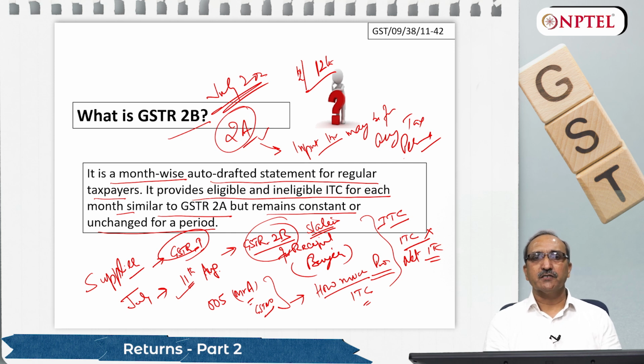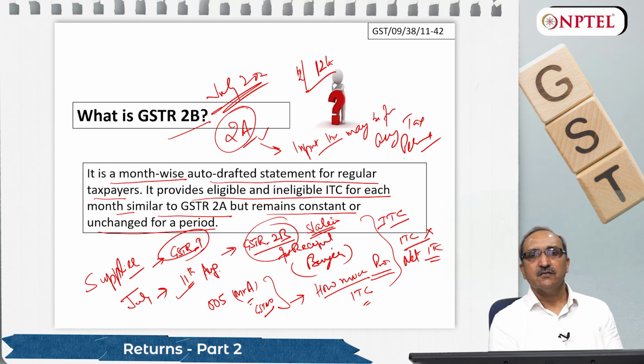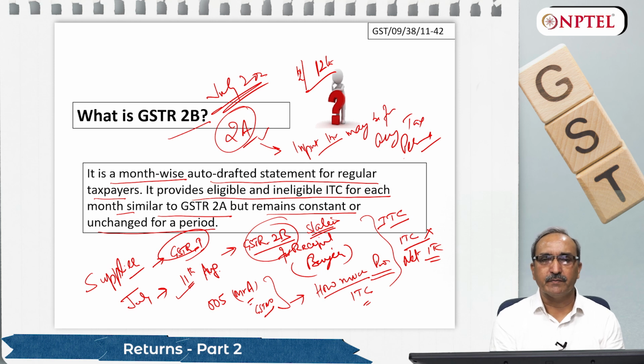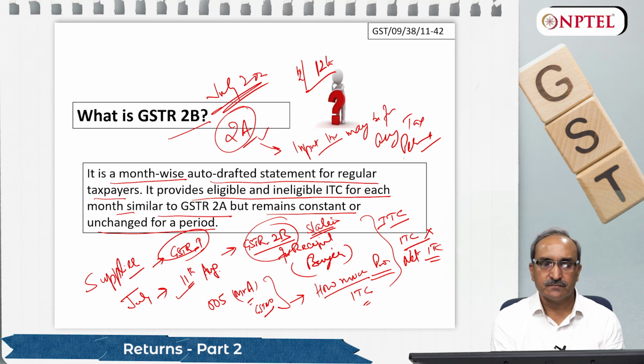In that situation, the first step is to immediately correspond with your supplier. There is a possibility that when he was filing his GSTR 1, he forgot by chance to upload the bill raised to you. That is one reason that your 2B will not have detail of that invoice.